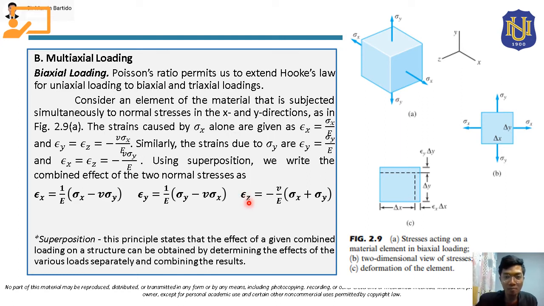So we combine the strain in the z direction due to sigma x, negative v sigma x over E, and due to sigma y, negative v sigma y over E. Factoring out v over E, this will be negative v over E times sigma x plus sigma y.